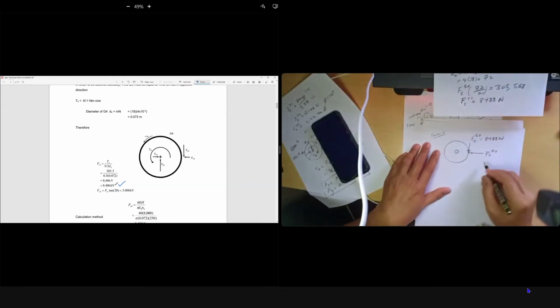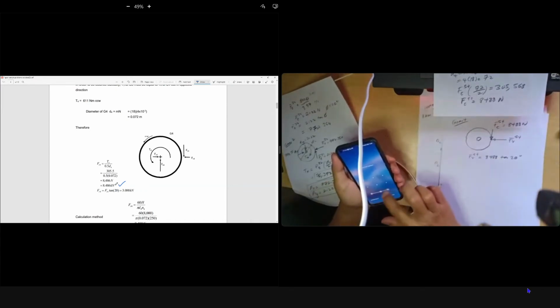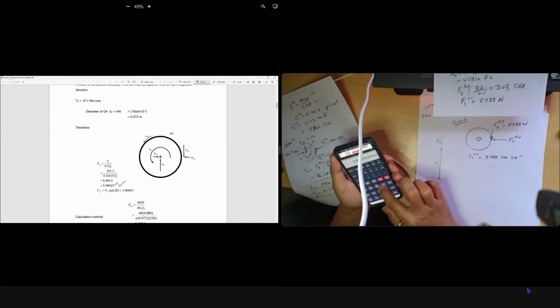8488 Newton. F radius what? F radius 54 is 8488 tangent 20 degree. Okay? Tangent 20 degree times 8488.